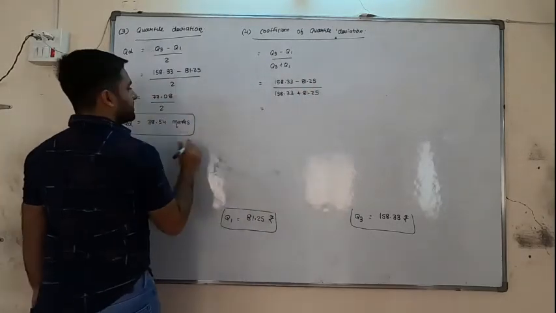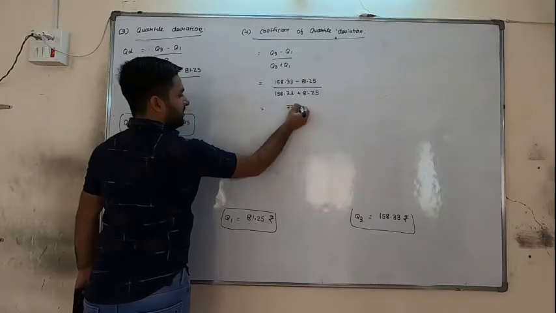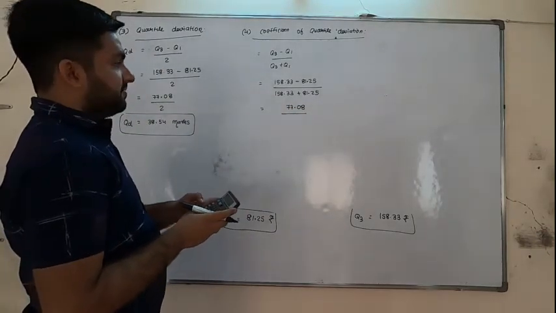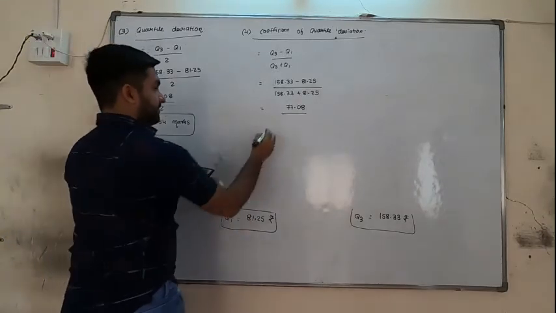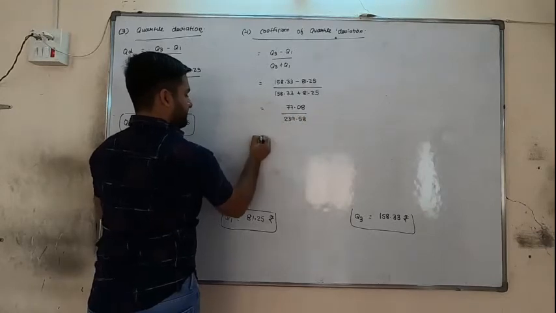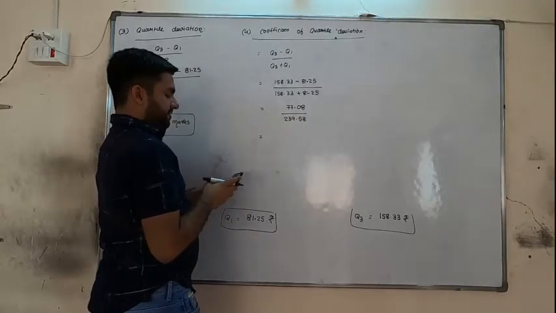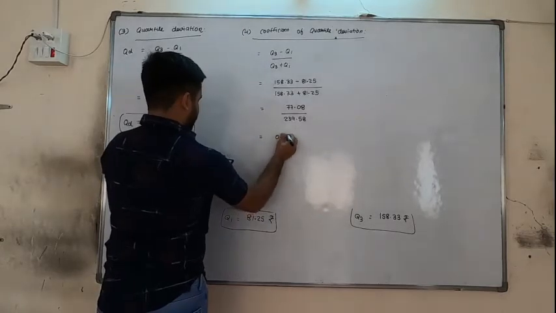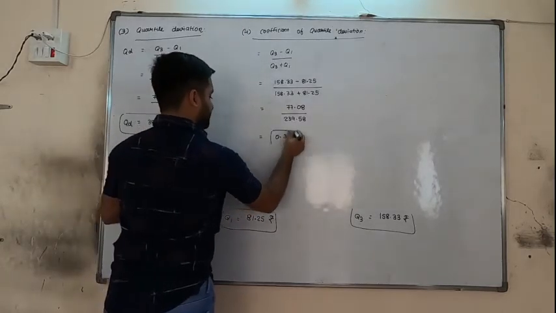This difference is 77.08, divided by 158.33 plus 81.25, which is 239.58. So 77.08 divided by 239.58. The answer is 0.321, so 0.32.